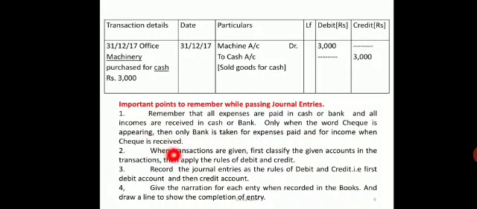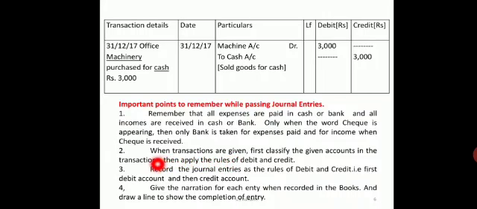Next, when transactions are given, first assume yourself to be the business and you are dealing with these transactions. So first step is to classify the accounts given in the transaction. Next, after classifying, apply the rules of debit and credit. The rules of debit and credit can be written somewhere in the corner of the page with the pencil, as we have shown on the first slide where solution is done.